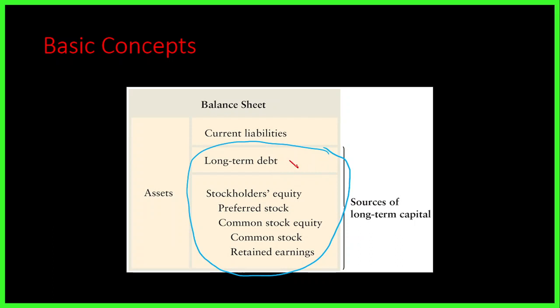You have your long-term debt, you have your preferred stock, you have your common stock, which is further classified into your newly issued common stock, ayan, pwede yan. And then you have your retained earnings. Dito lang po manggagaling yung mga cost of capital, yung components niya.